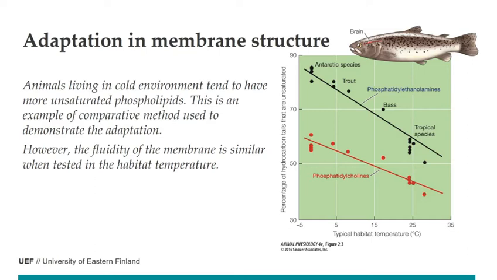And this means that if you are studying this, you must first isolate different phospholipids from each other and then check them one by one, how many double bonds exist, etc. And the interesting thing is that when we test the fluidity of this membrane in Antarctic species or tropical species at their habitat temperature, it's quite similar.